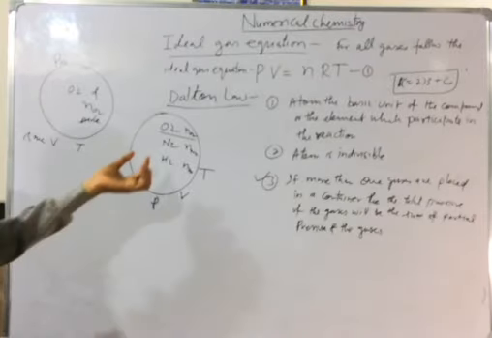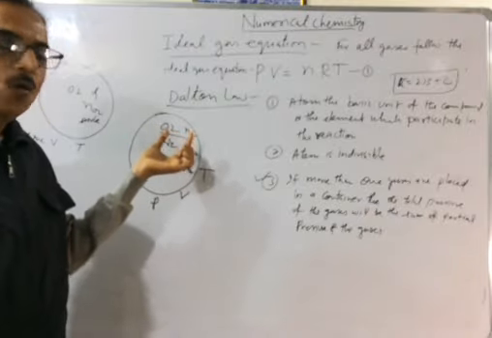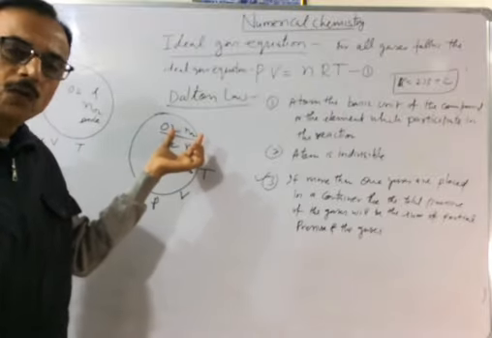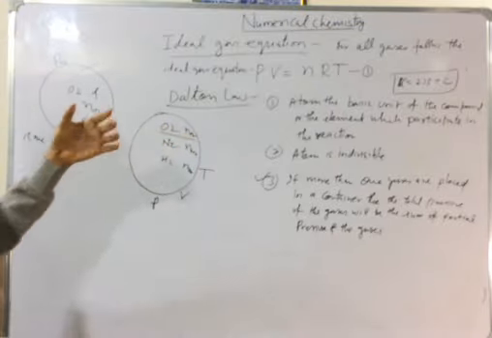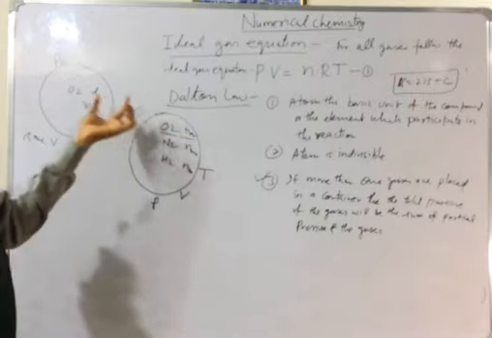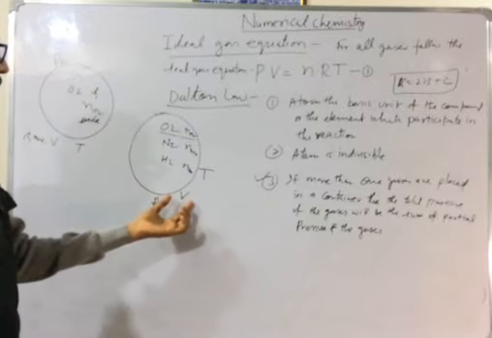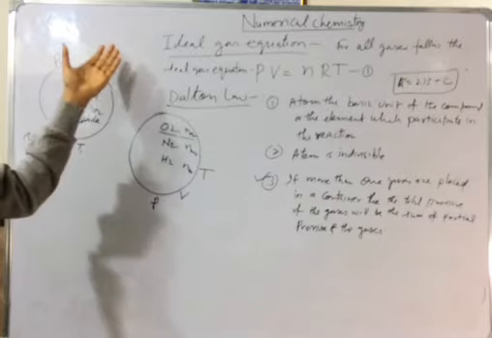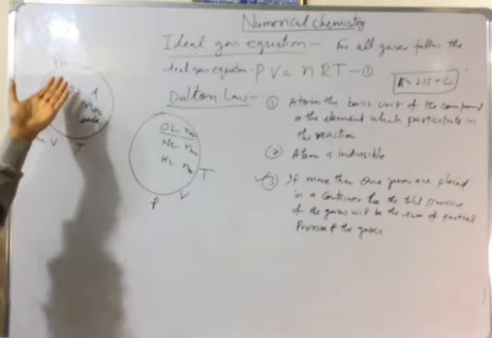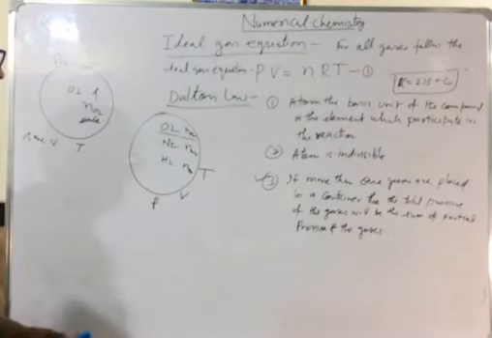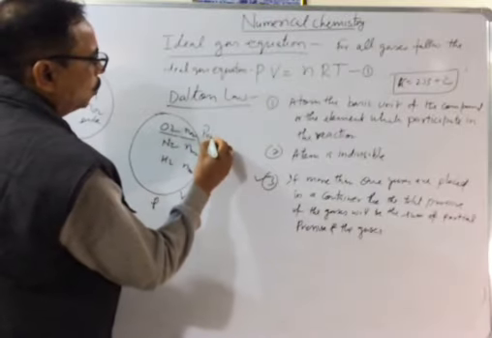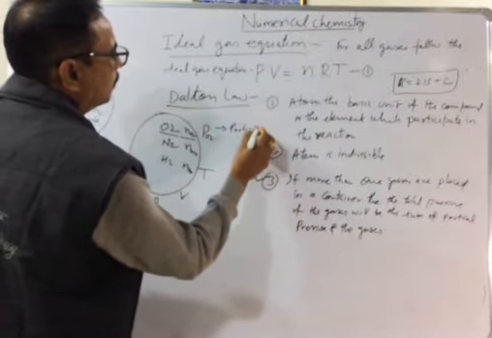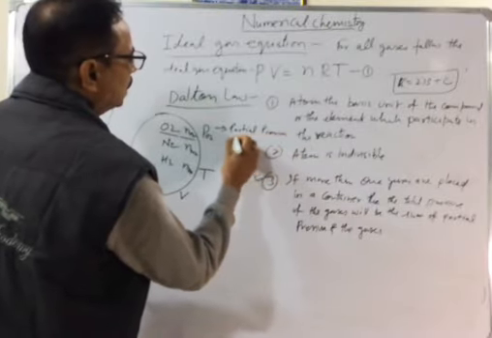So this is the partial pressure of oxygen in this vessel. It means the partial pressure is the pressure which is developed only due to oxygen molecules. So how will it calculate? If we put this molecule in a separate vessel of same volume and temperature, same number of moles, the pressure exerted by these oxygen moles is the partial pressure of oxygen.